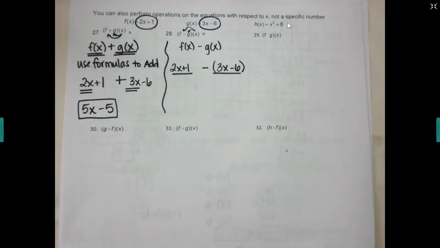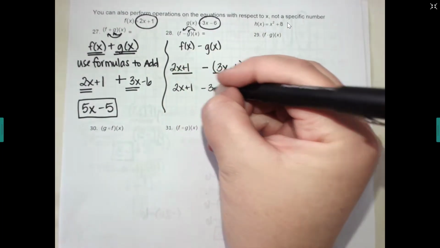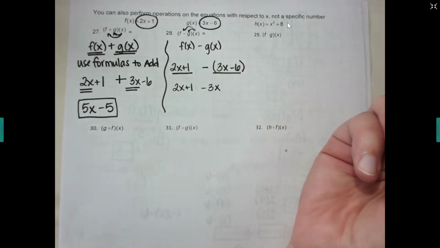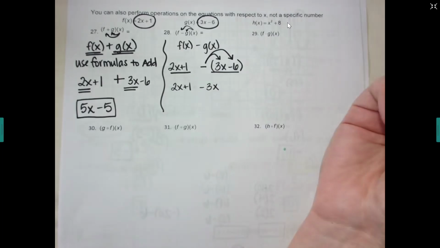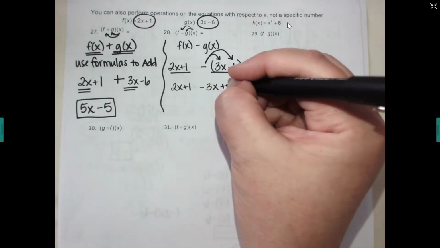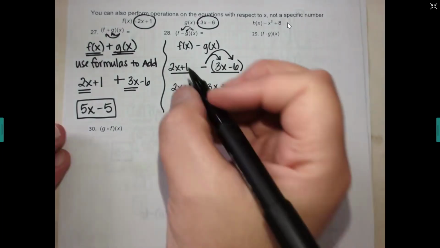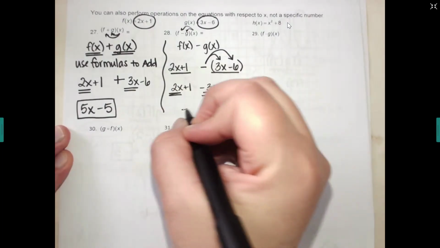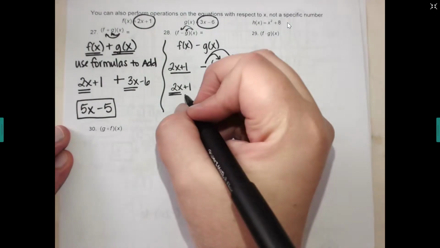Okay, which means that my 2x plus 1 is fine, but this is a minus 3x and what kind of 6? It was negative, but if I negative on a negative, what is it now? A plus 6. Okay, so just be careful on that, that minus applies to everybody in G. So then 2x minus 3x in your calculator, 2 minus 3 is what? Negative 1x. And then 1 plus 6, now that's a 7.